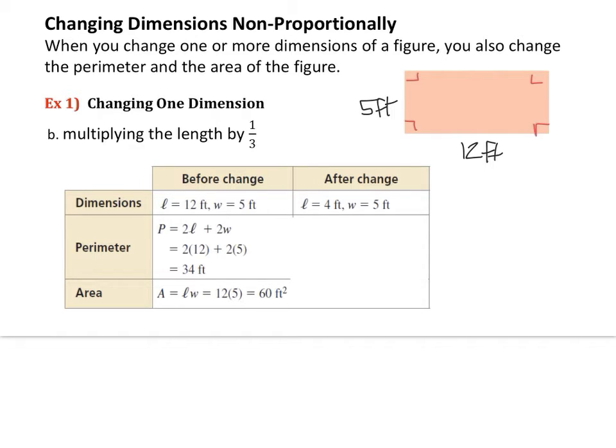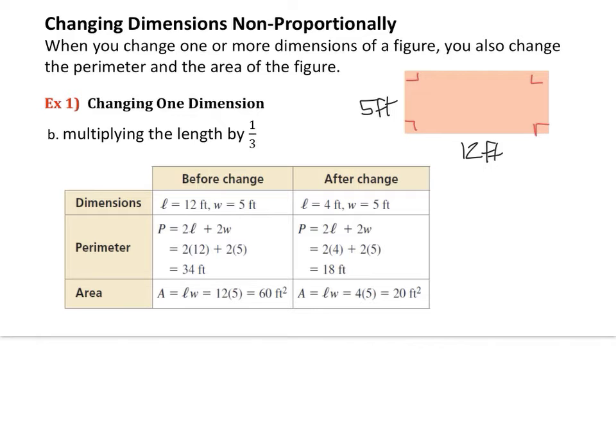Didn't change the width. Remember, we're only changing one dimension just to get a feel for how it affects the perimeter. So we take a look at the perimeter, and we get now a perimeter of 18 feet. And for area, we get an area of 20 square feet. So compare the two perimeters, compare the two areas. How would we describe the effect? Well, if we subtract the perimeters, we get about a difference of 16 feet.